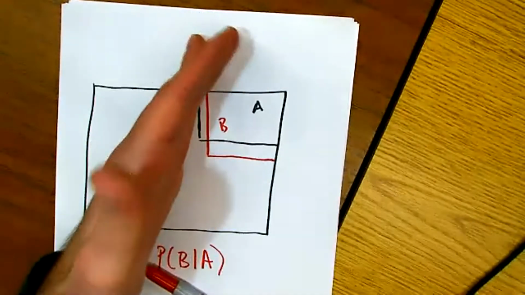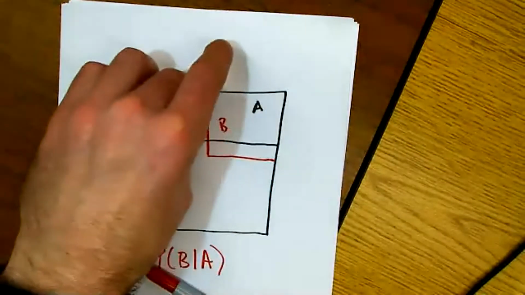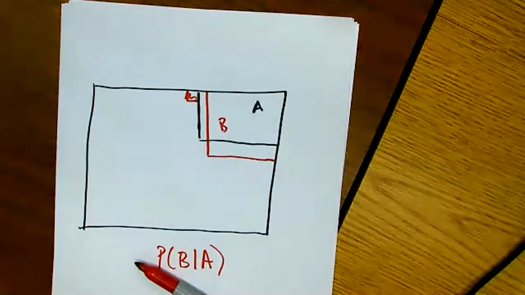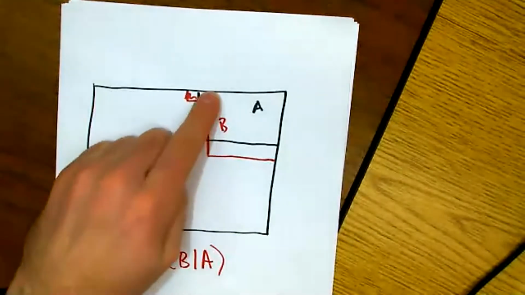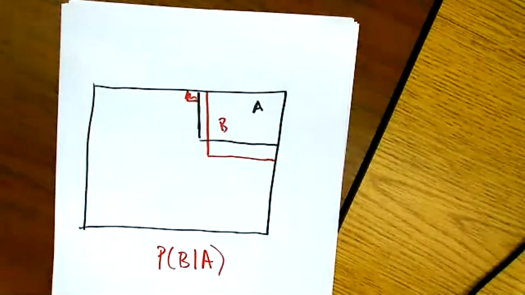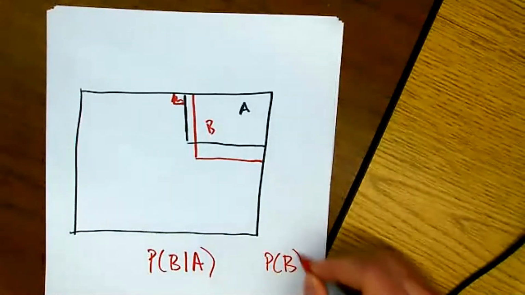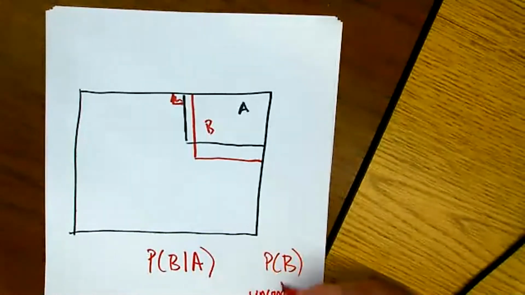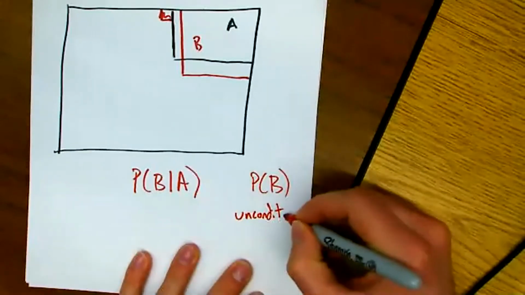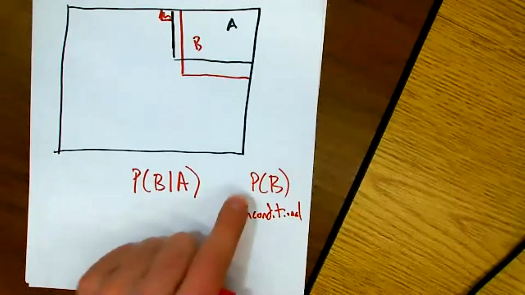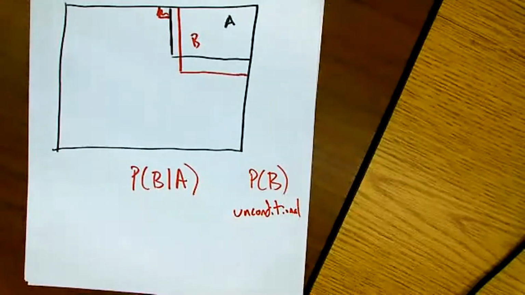Knowing that we're in a certain event limits the possible outcomes we could see. You can almost think about it as the experimental outcome space is no longer one, it's a much smaller area. And if B has a very strong overlap with that smaller area of A, our conditional probability is going to be much different than the unconditional probability.